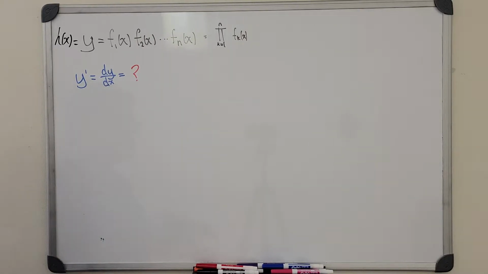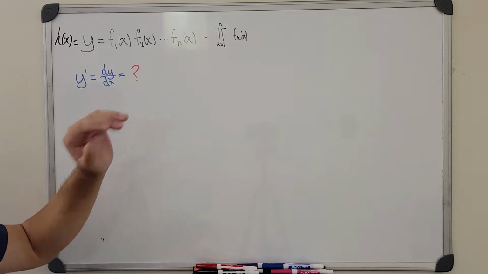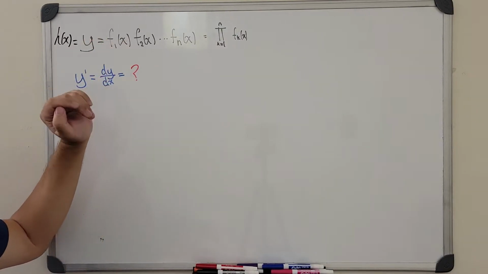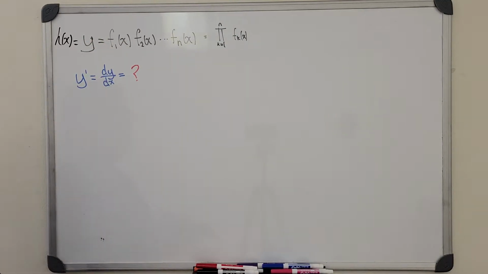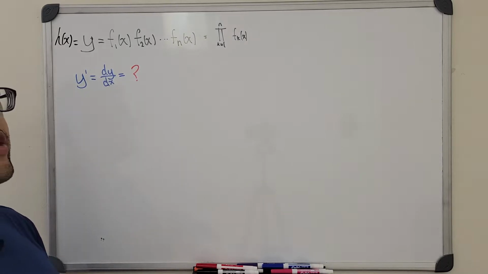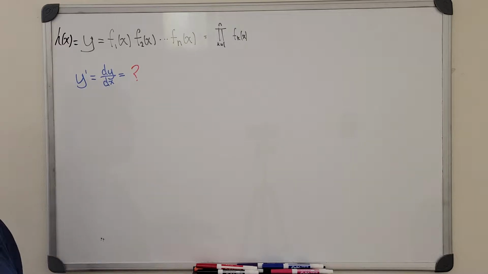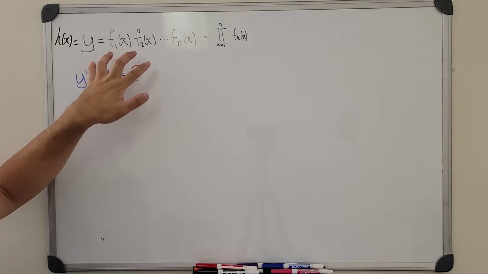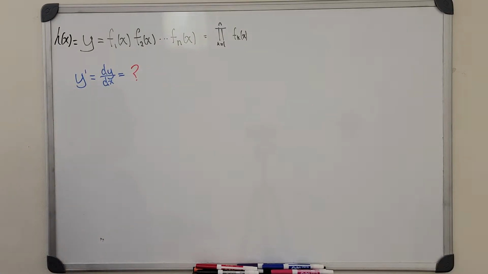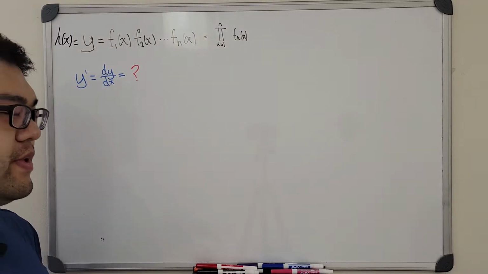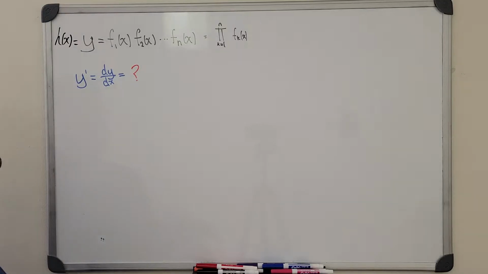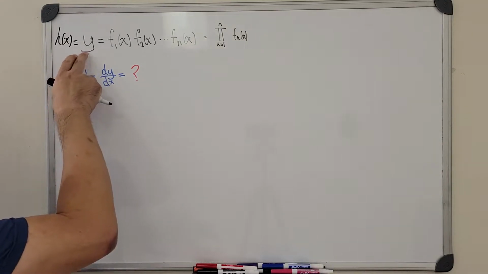And we could also have some of the functions being the same. Let's say f1 of x is just equal to x squared, and then perhaps f3 of x is also x squared. It doesn't limit that each one is different, but even if they're different, it will still be okay. So now we have a new function y.